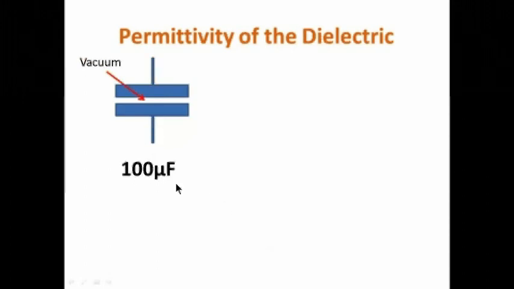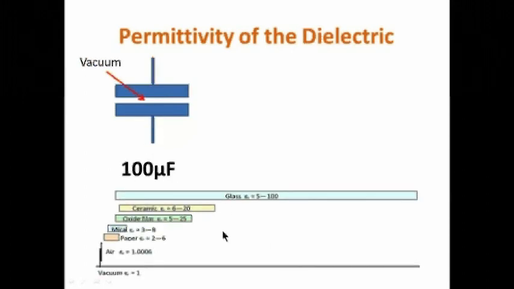The permittivity of the dielectric, so as I said earlier, vacuum is our standard value. Again, I've given this 100 microfarads, and you can see on this chart the relative permittivities of different materials. There's vacuum at 1, there's air at 1.0006, paper anywhere between 2 and 6, mica, an oxide film, ceramic, and glass could be anything to 100 times better than a vacuum.